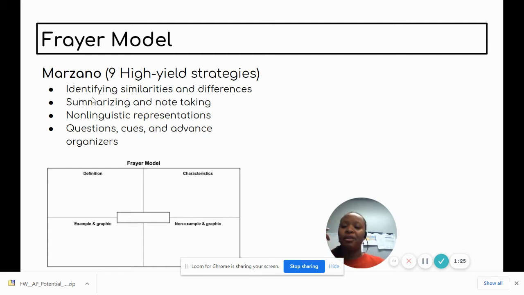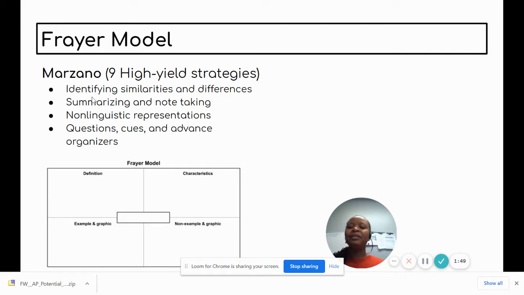You want to make sure that students are summarizing and taking notes. You want to use non-linguistic representation, which is anything that's not textual. So visuals, auditory things, anything that uses your senses. And last but not least, you want to use cues, questions, and advanced organizers. Now, the Frayer model is a type of advanced organizer.